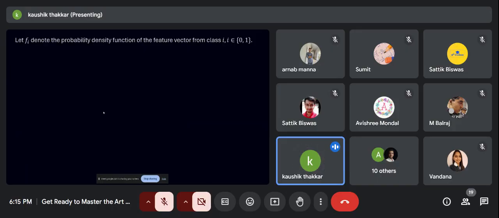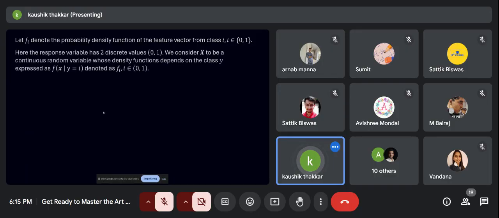Now we will denote the probability density function of feature vectors of class i as f_i. These are nothing but the class conditional densities. What are these? I'll explain. See, the response variable here, meaning the class labels, whether a fish is a salmon or a sea bass, that is y, has two discrete values, 0 and 1, since we have done the encoding.